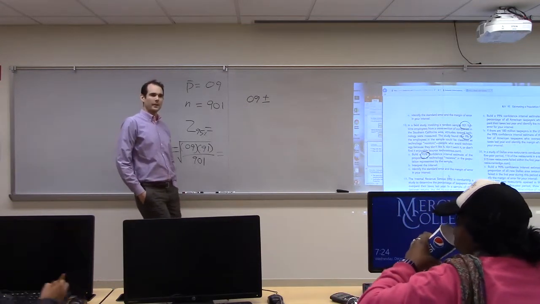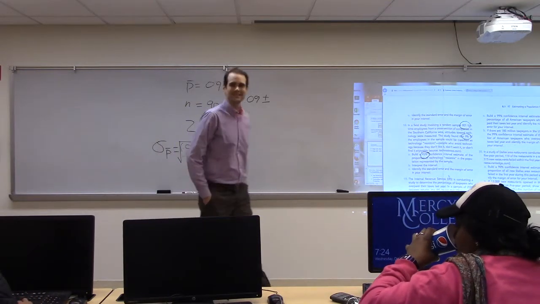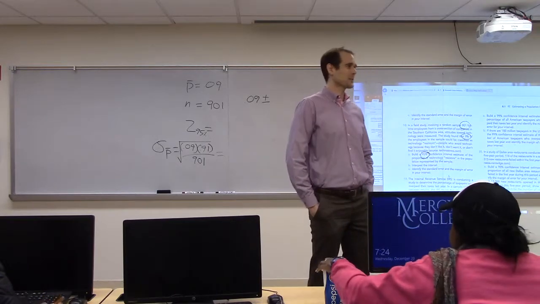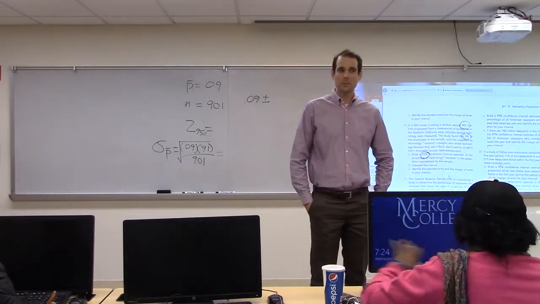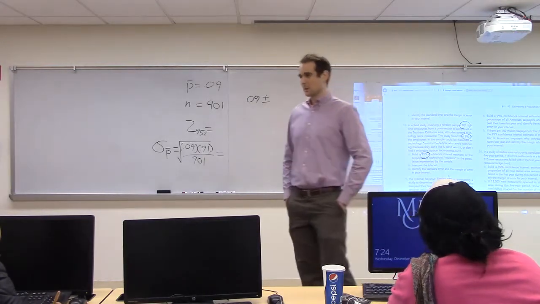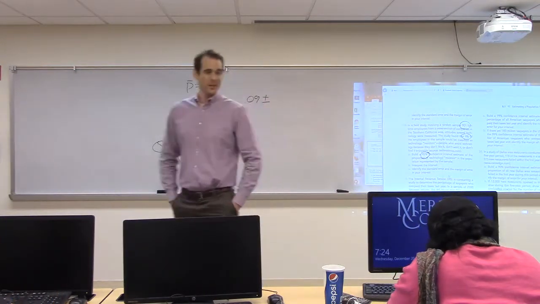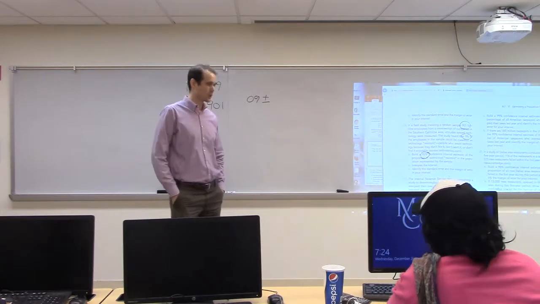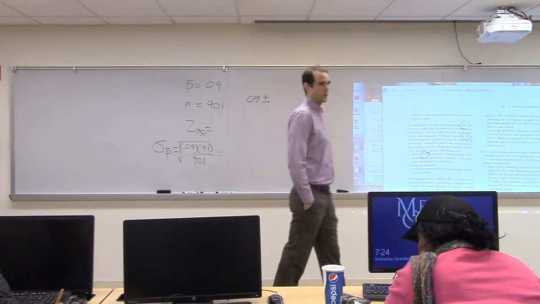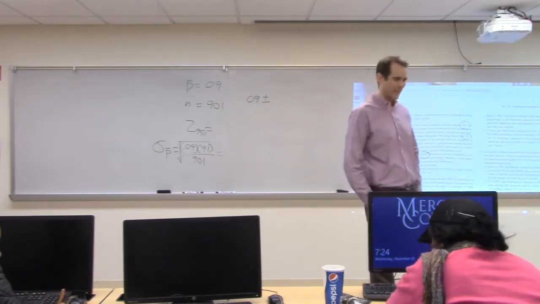All right, are we ready to do this one? In this case, we're trying to find the proportion of technology resistors. Maybe we've got some product we're going to sell to people who don't like technology, or maybe a training course.